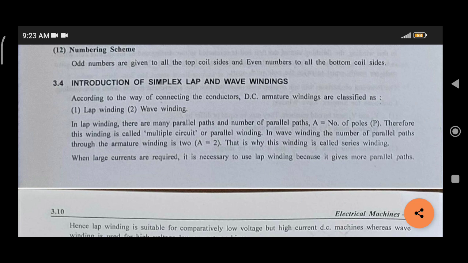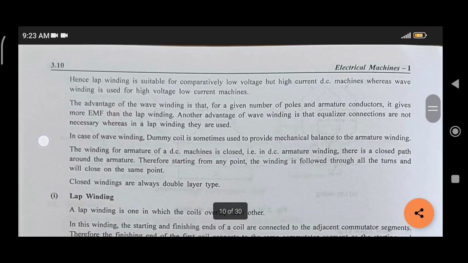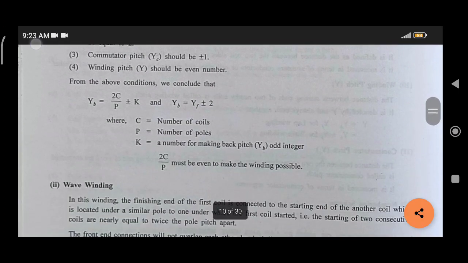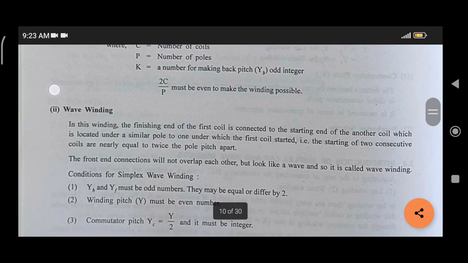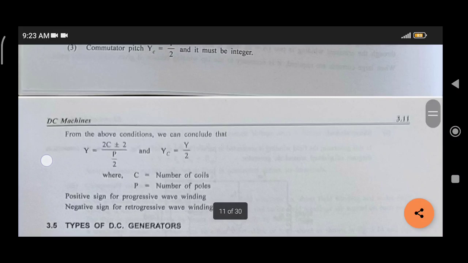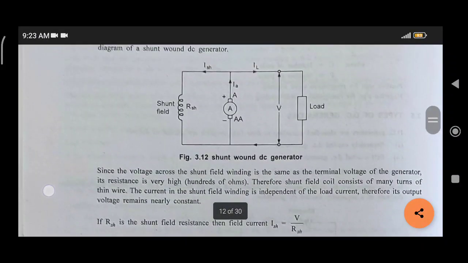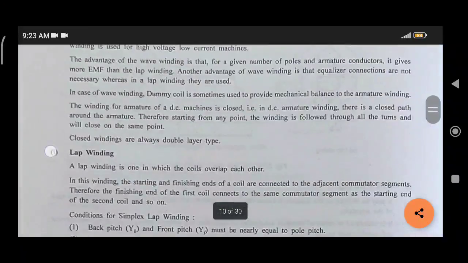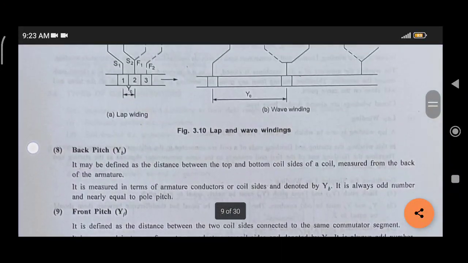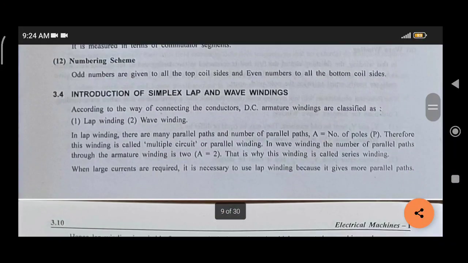You will understand the parallel path better when you see DC machine designs. Right now I don't have any figure, otherwise I would show what a parallel path is, but in short, a parallel path is formed by conductors that have the same direction of current.